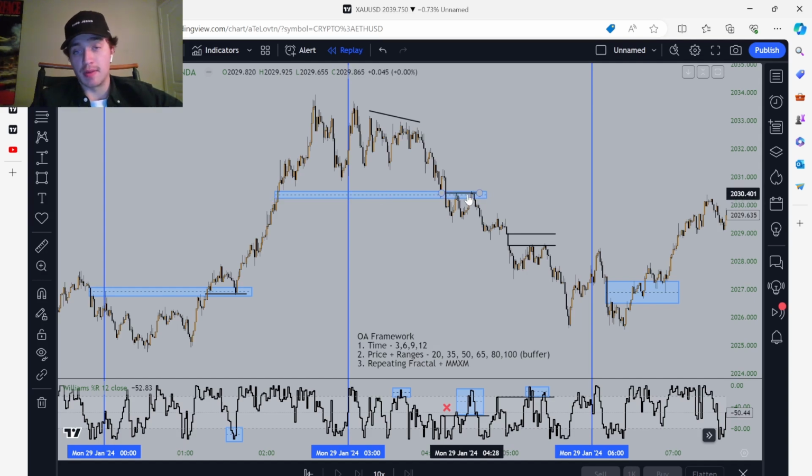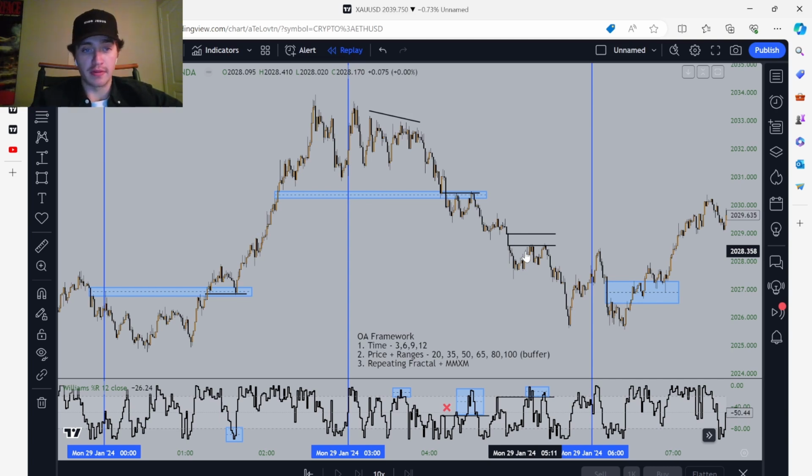But for example, I'm not going to do all of them. I'm just going to do this one. So within that fair value gap, that balanced price range, we do have that 350 level, 2030.350. If we go over here, we have that 350 level again, just shy of that fair value gap.